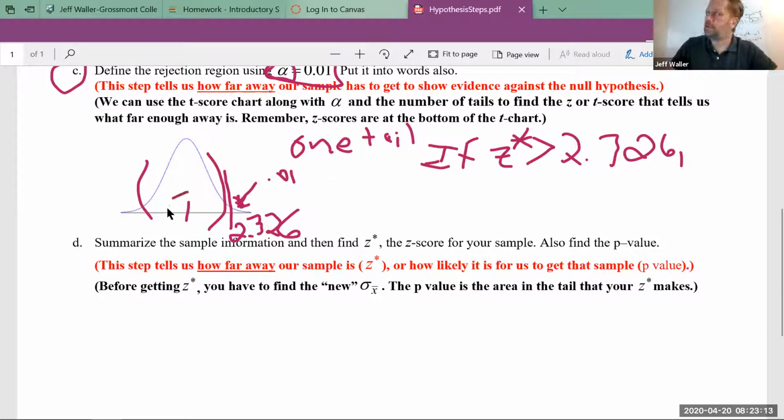If the mean really is 10.15, then a sample should only occur up here 1% of the time. So if we take a sample and it shows up here, it is more likely that the mean is wrong. That is evidence that the mean is wrong. Is it proof? No, there's a 1% chance that it would show up there no matter what. But it is evidence that it's wrong.